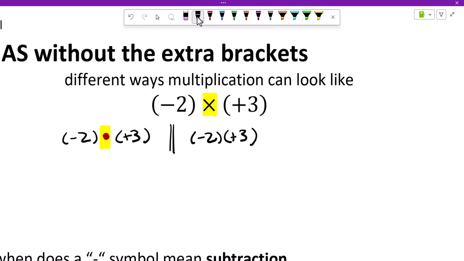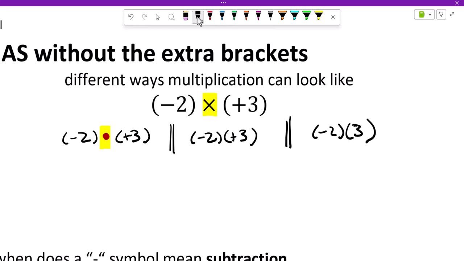So this whole thing could be written as negative 2 bracket 3 like this. Right? Why show plus signs? Is it an adding sign? Is it a positive sign? A number by itself automatically is positive unless you have a little negative number in front of it. Right? So we're cleaning it all up.